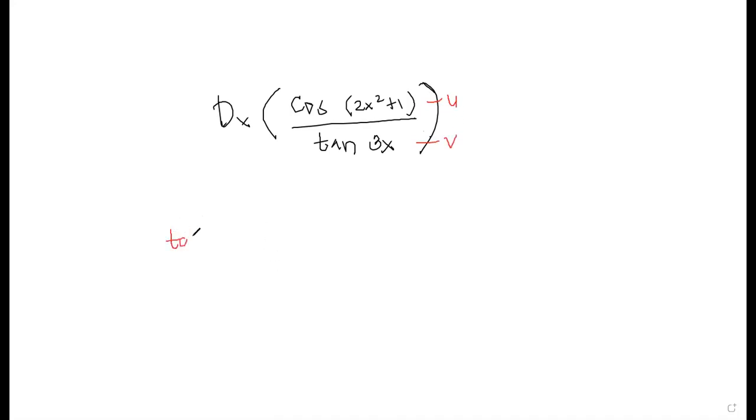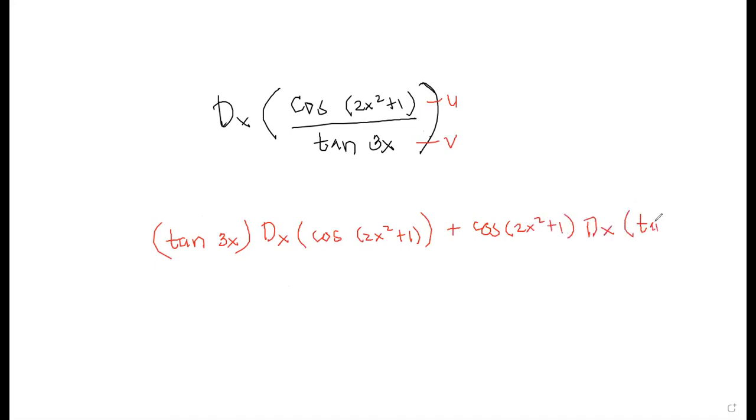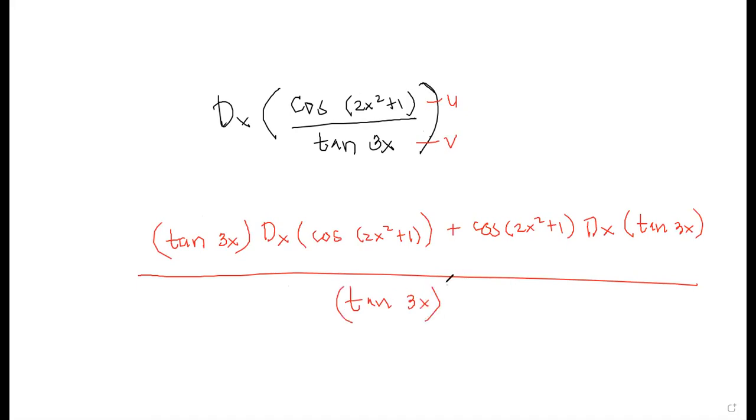So you have the derivative of tangent 3x times your u, cosine of 2x squared plus 1, plus cosine of 2x squared plus 1 times the derivative of tangent 3x, over tangent 3x squared. Yes, you will take the derivative of this as well as this one here using the trigonometric formula.